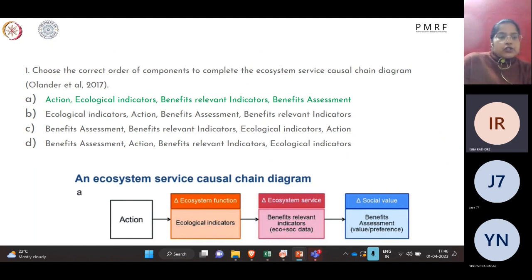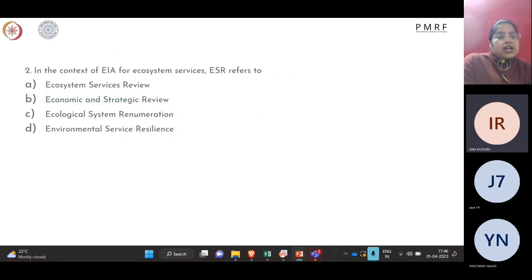Okay, so moving on to question two. In the context of EIA for ecosystem services, ESR refers to ecosystem service review, economic and strategic review, ecological system remuneration, or environmental service resilience. So what does the abbreviation ESR refer to?